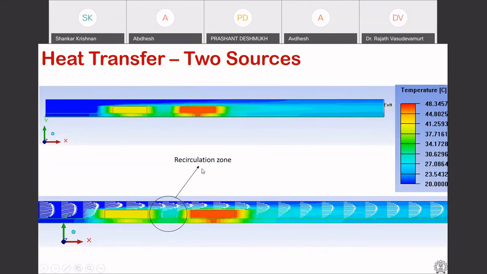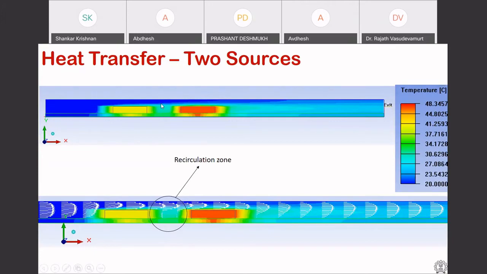So then if I do two heat sources, now I see there is a flow bypass, this is a cross-sectional view, there is a recirculation zone, and as you would expect, the first heat source is slightly lower in temperature compared to the second heat source because I'm preheating the air.